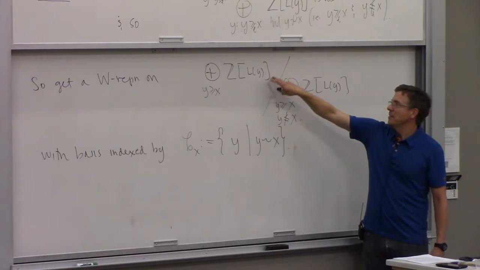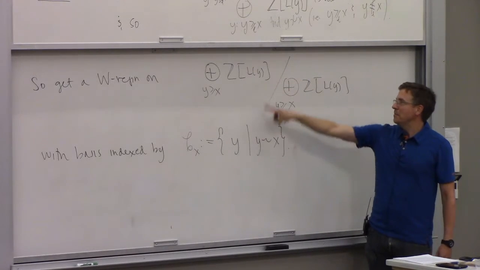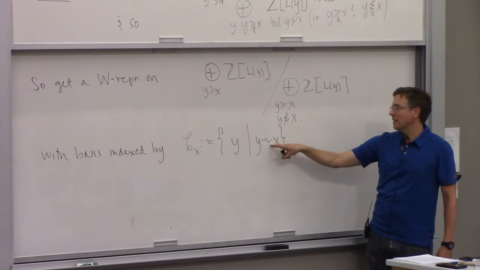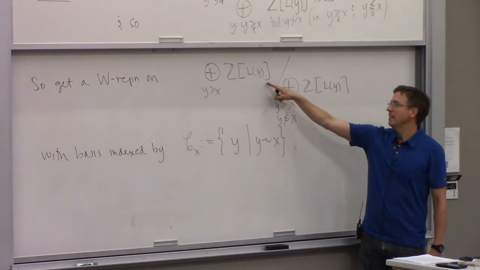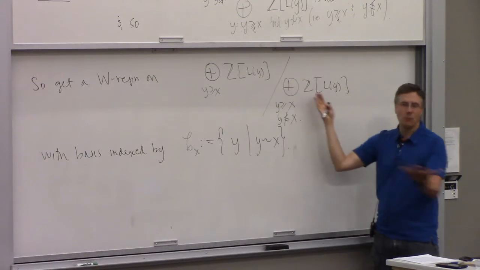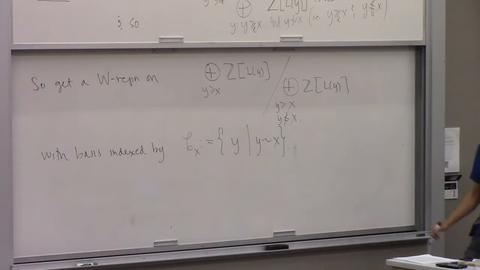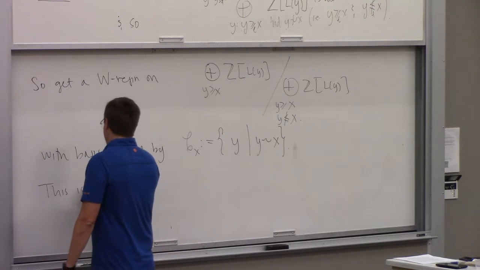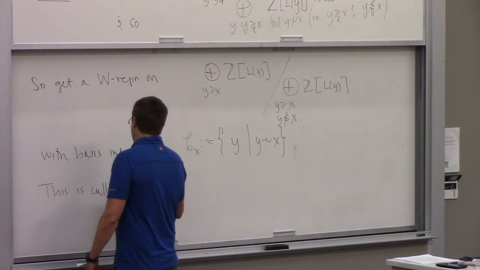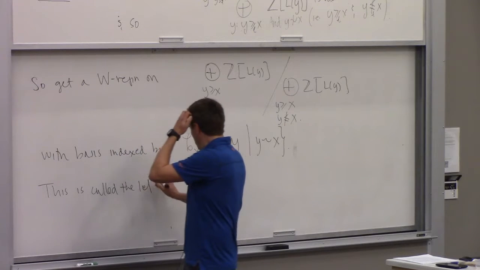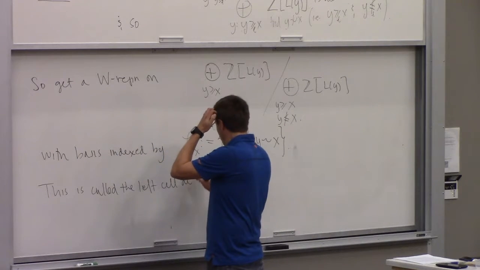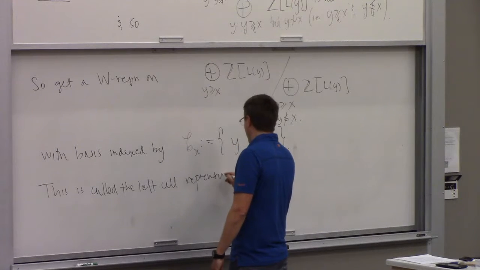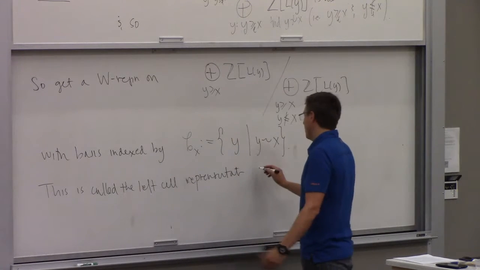In this quotient, I can take the image of the basis elements of things that are equivalent to x, and those will form a basis of the quotient, obviously. So this is called the left cell representation afforded by x.